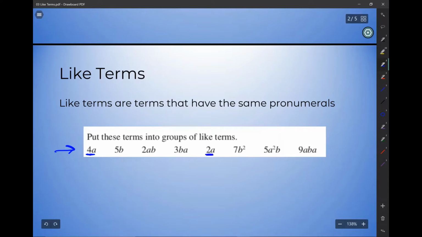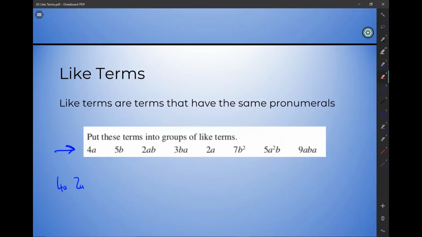And there's one term here, 2a, that does. 2ab is not a like term of 4a because it has a b and this one doesn't. But 2a has the exact same set of letters that 4a does. So 4a and 2a are like terms.